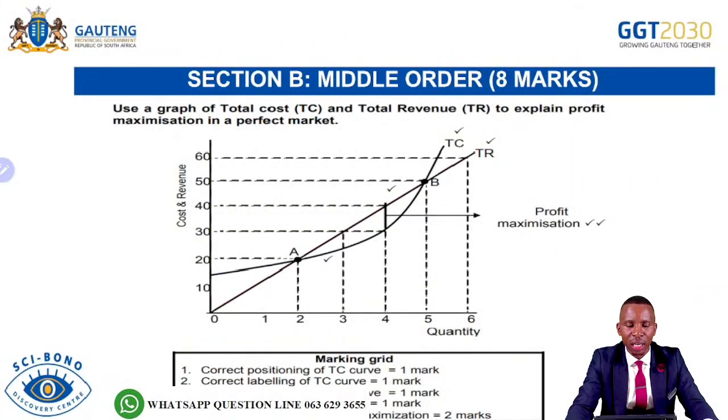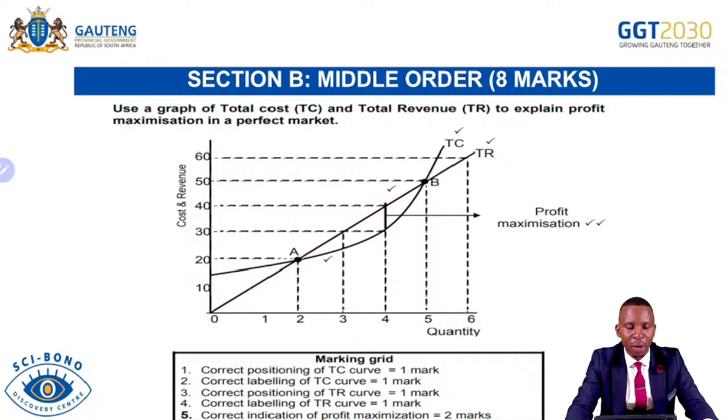And then use the graph of the total cost and total revenue TR to explain profit maximization in a perfect market. So this is the graph. It was mainly for how many marks? I think it was for 4 marks, the graph. Then there should be explanation. We have our total revenue here and total cost. And then the point A and point B means total revenues are equal to the total cost.